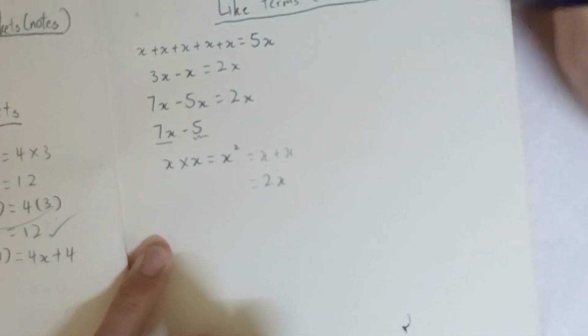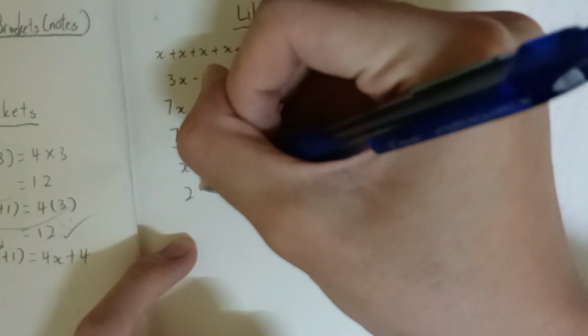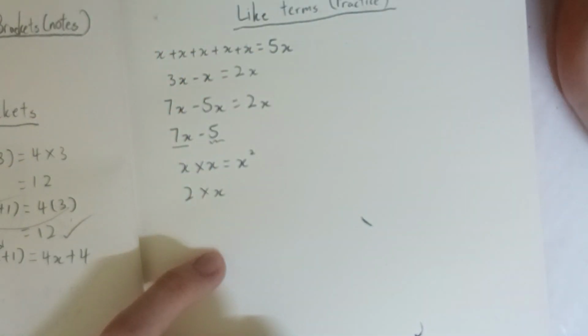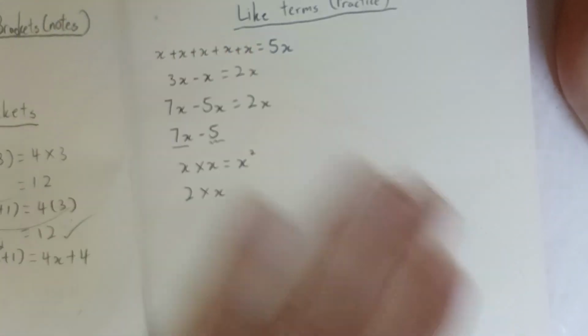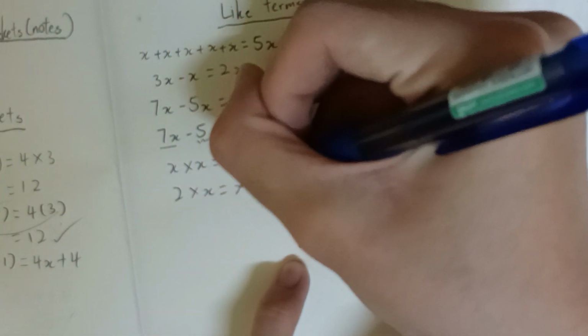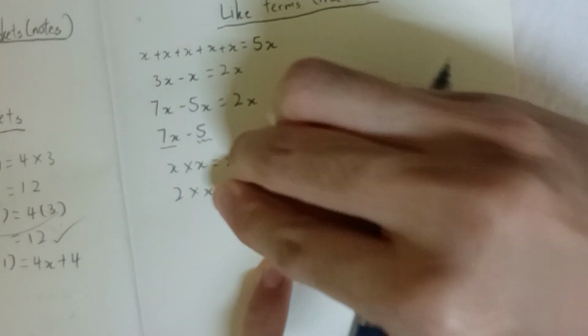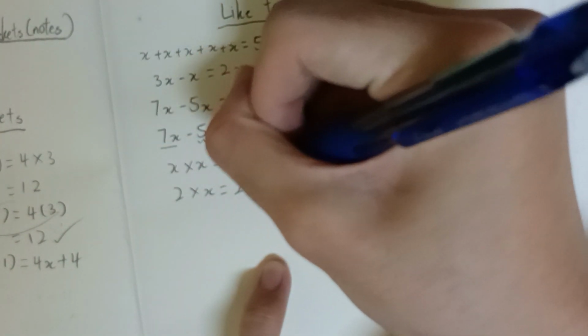Okay, so if that is clear, then what happens if you have 2 multiplied by x? Now this is where a lot of students actually get confused. They would think that this is x squared. That is not correct. This is actually 2 of x.